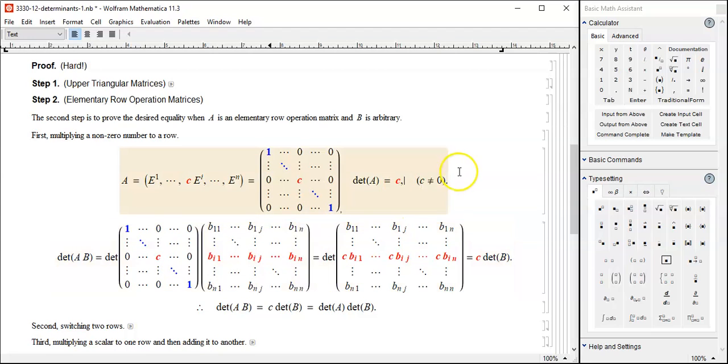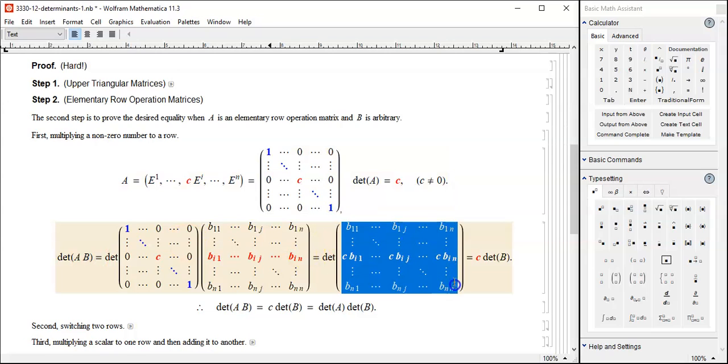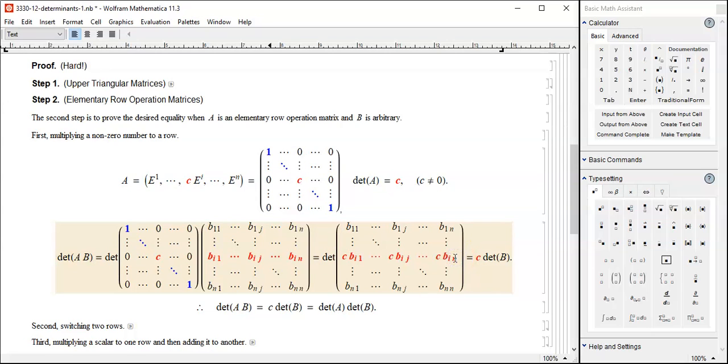Now, what is this determinant of A? Well, that determinant is C because we have to multiply all those diagonal entries, and they're all 1s except for this C, so this determinant is C. How about determinant of A times B? Well, we have this C multiplied into entire ith row, so we can use the multilinear property and take out this scalar multiplication.